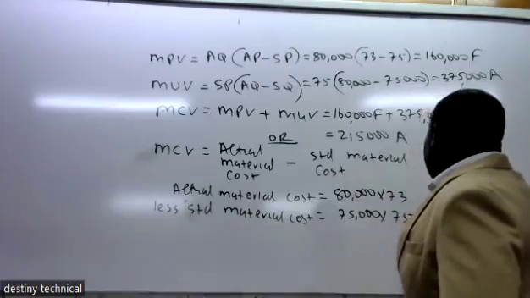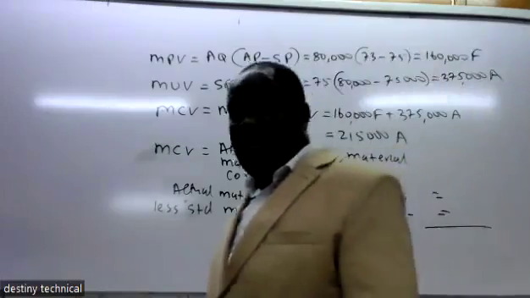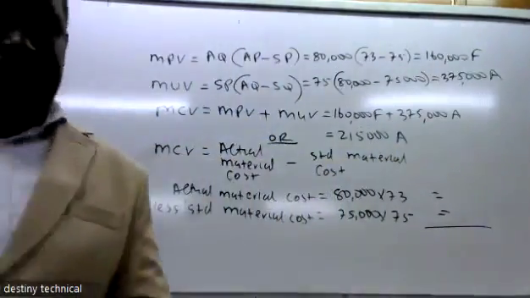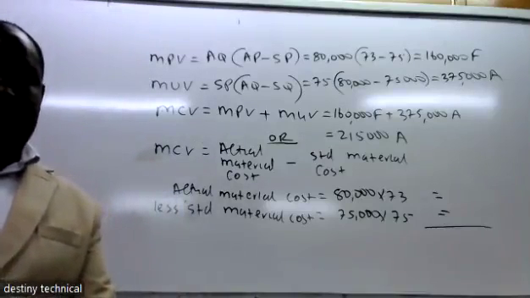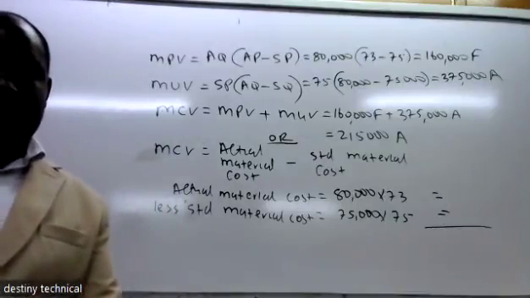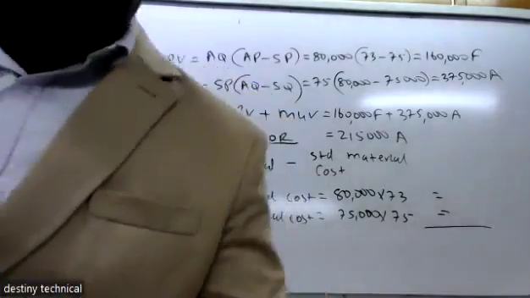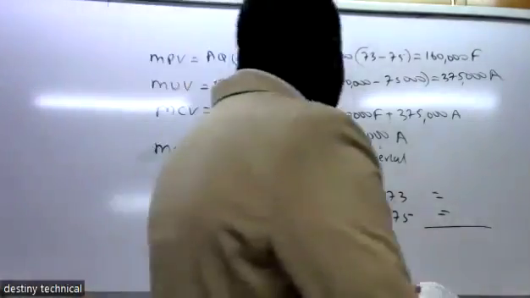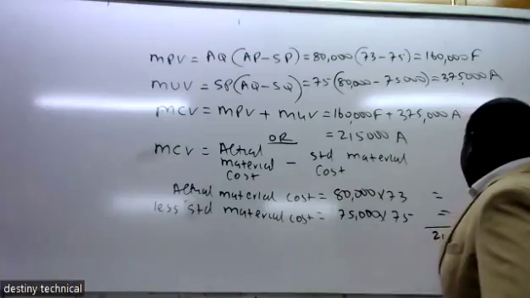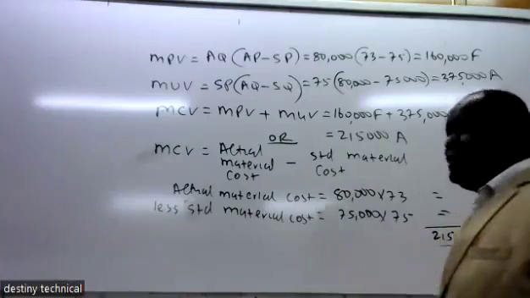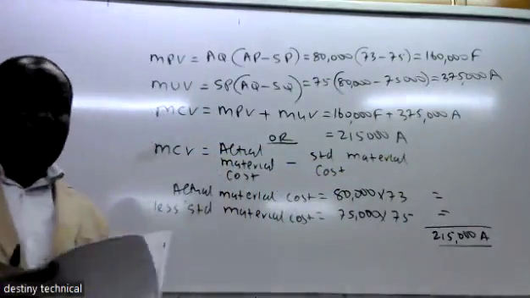So get the difference and see which value it gives us. It will still give you the same figure, which is 215,000, which is adverse. So that is how you are to go about that particular question.